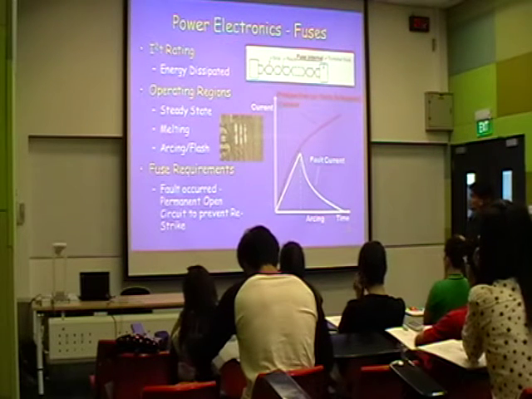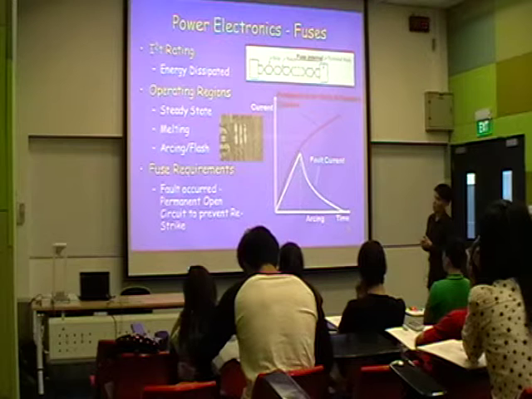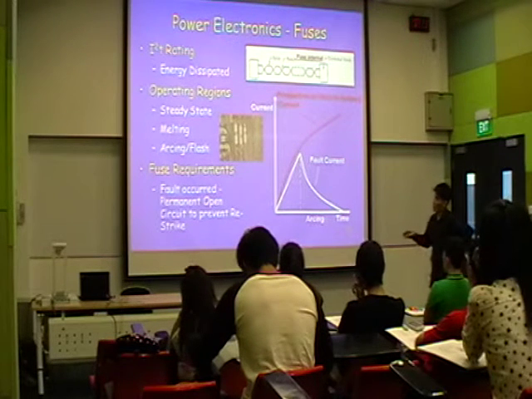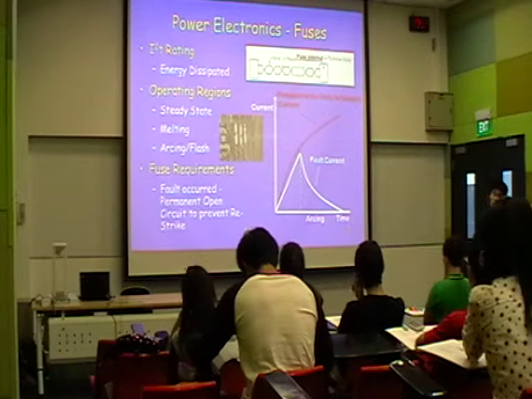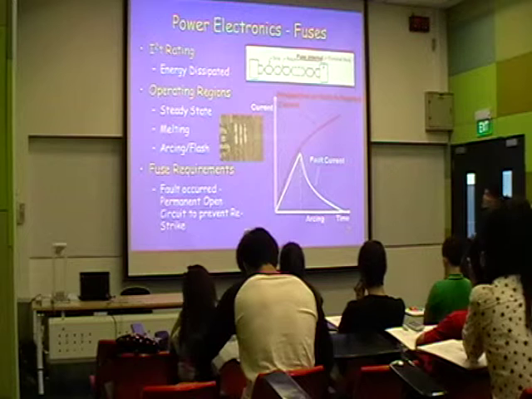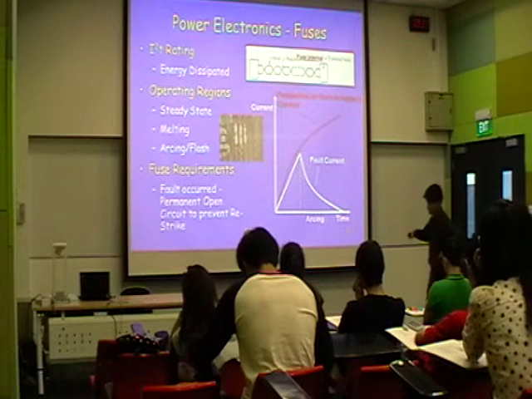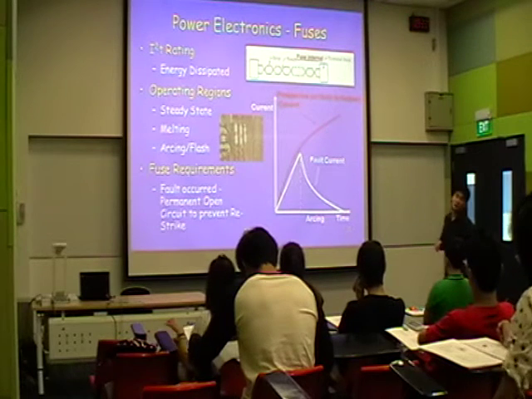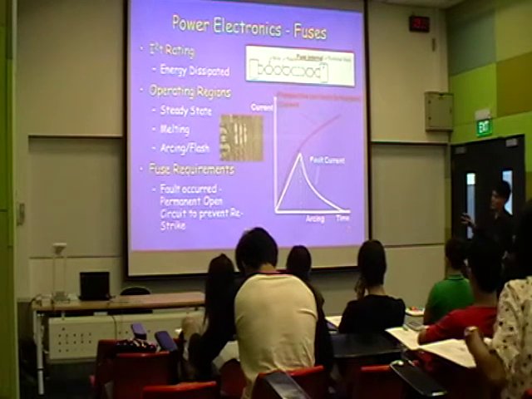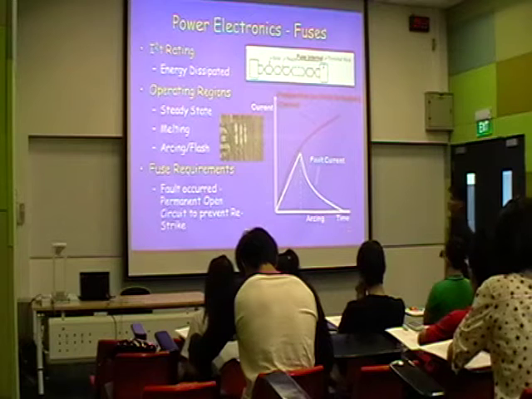Sometimes people call this a circuit breaker. It's just to break the circuit. Once it breaks, you have to replace it, or else it won't work because no current will pass through. But some can actually reconnect if the current gets lower. So it depends on which type of circuit breaker you use.